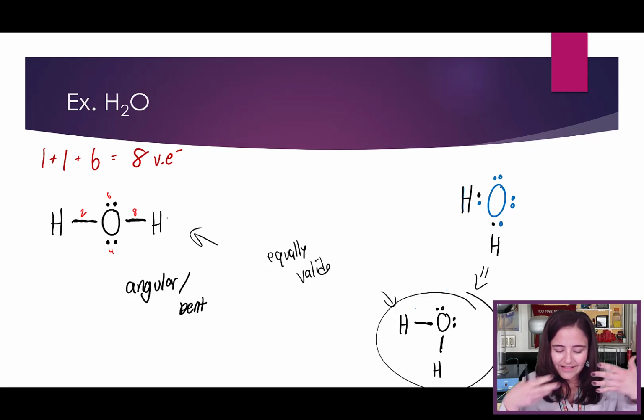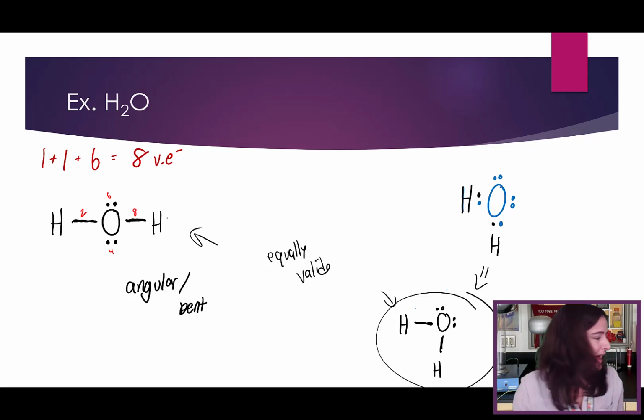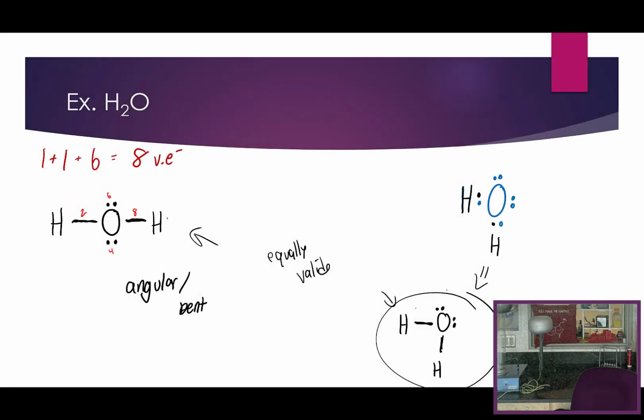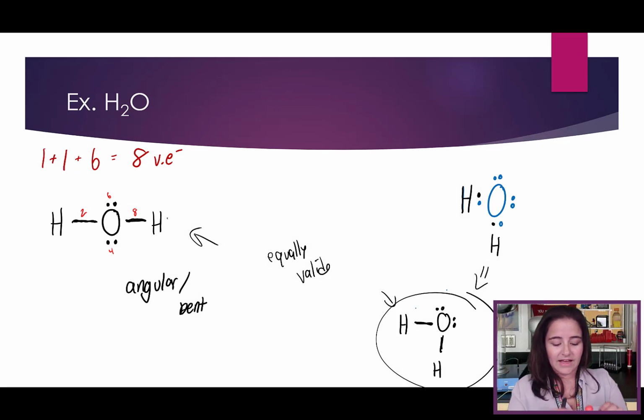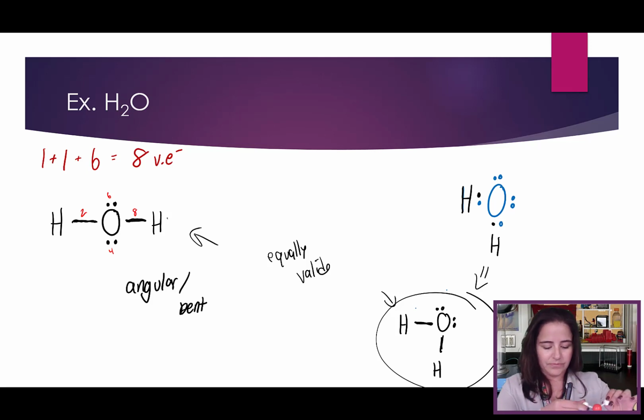Okay. In reality, those hydrogen atoms would be facing slightly toward you and the lone pairs would be slightly away, creating that imbalance. Kind of like this, okay? So you can see how it has that bent shape.